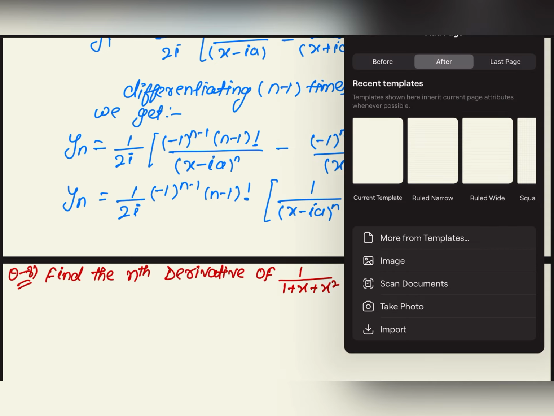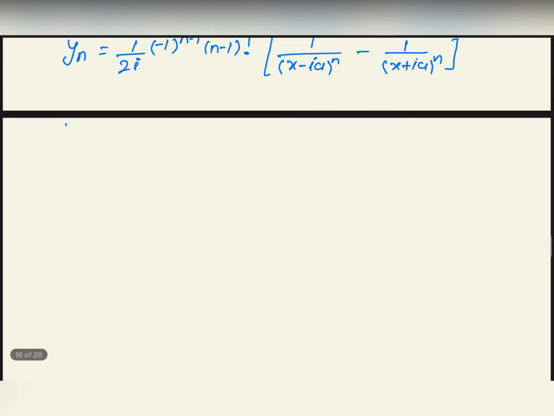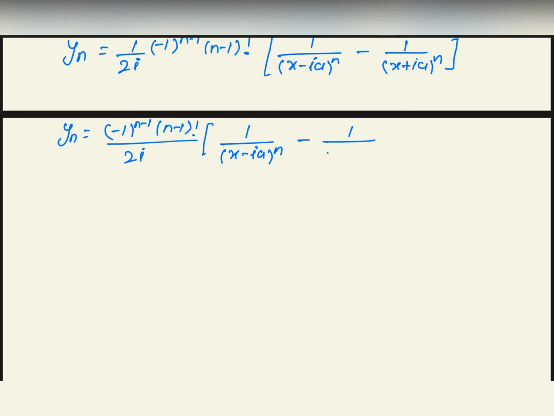Here the page is reduced, so I added it. So yn is equal to minus 1 to the power n minus 1 factorial divided by 2i, 1 by x minus ia to the power n minus 1 by x plus ia to the power n.